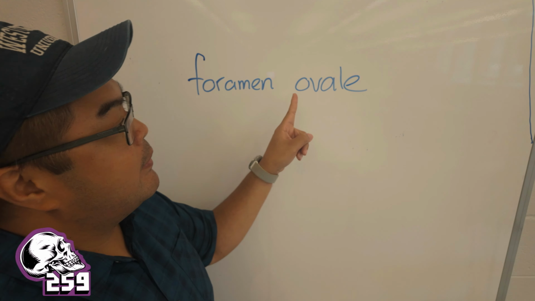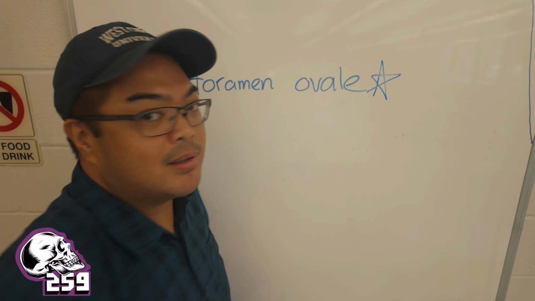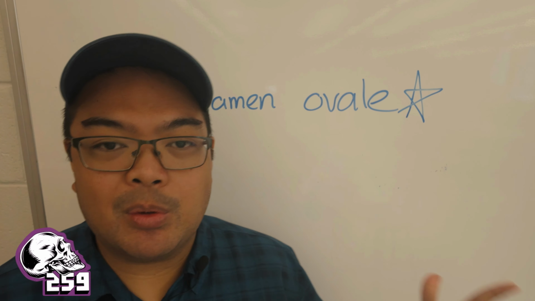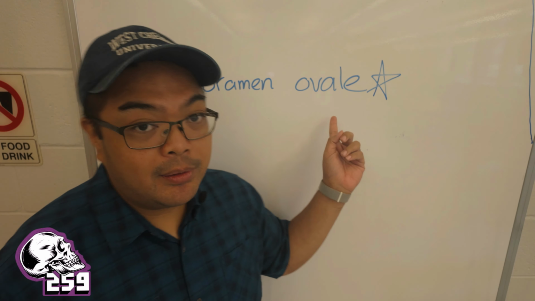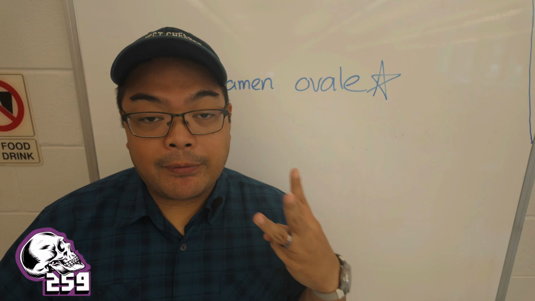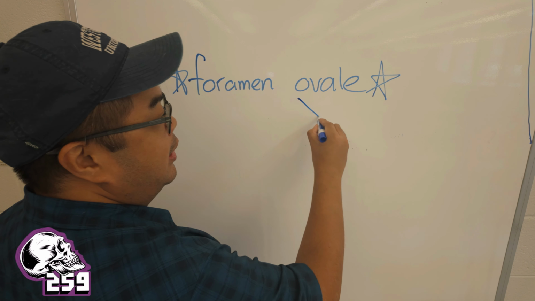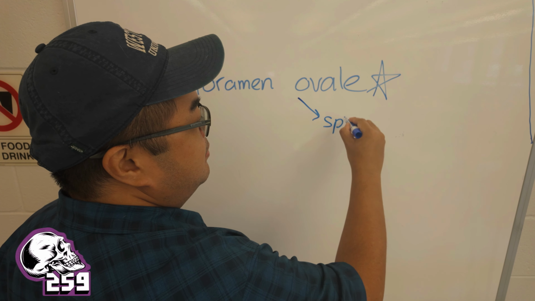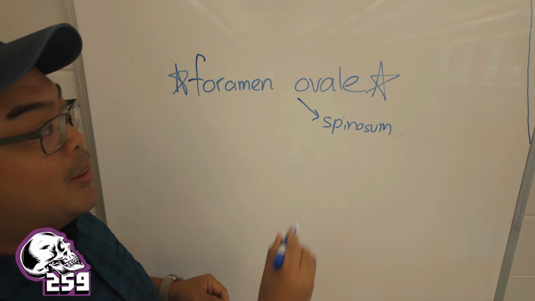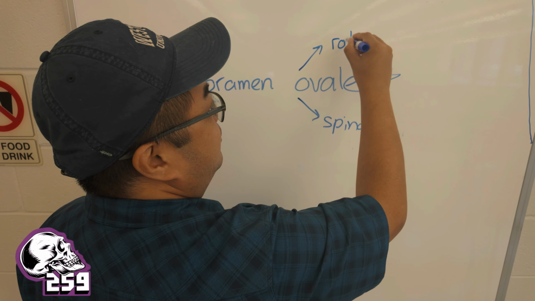I figure if you can find this structure, and I'm going to star it just to show you how important I think it is, then that gives you an anchoring point. Once you find the foramen ovale, I think it's really important to find three foramen around it. The obvious one we're going to look at first is the spinosum. And I think you should also learn in this group the rotundum.